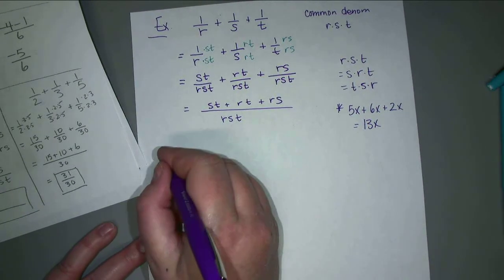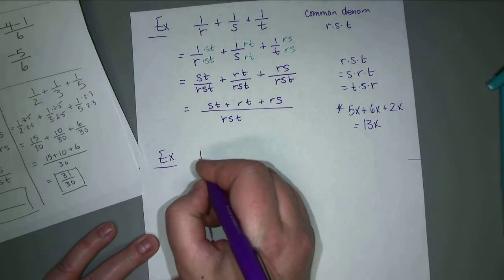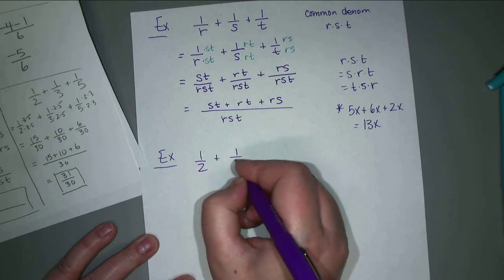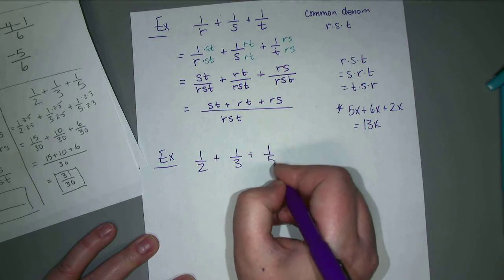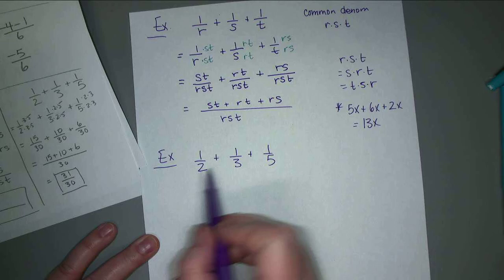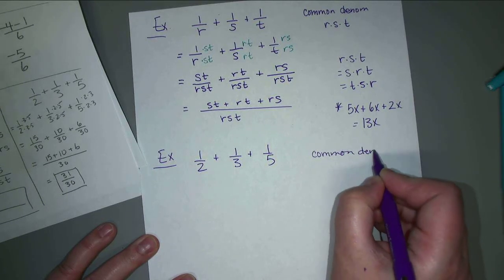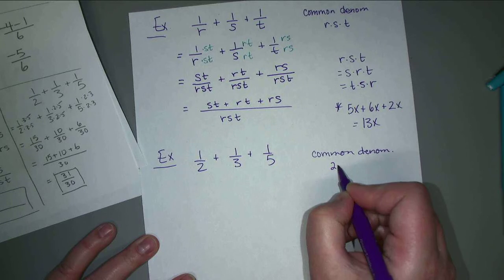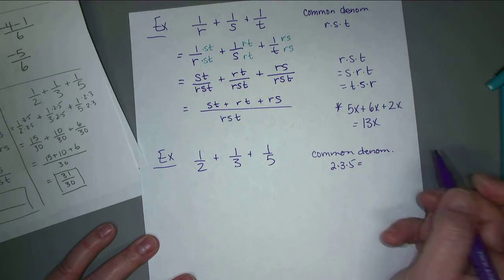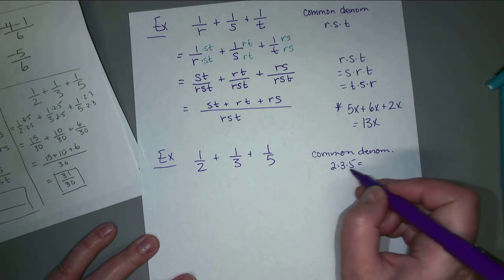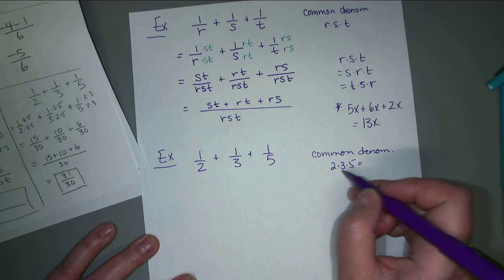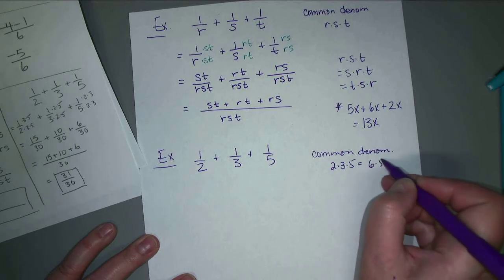Now if these were numbers instead and you had 3 fractions added, then you would do the same thing. Your common denominator would be 2 times 3 times 5, which is 6 times 5 is 30.